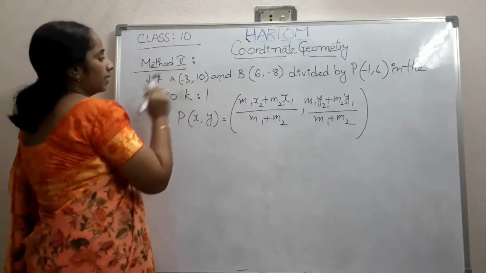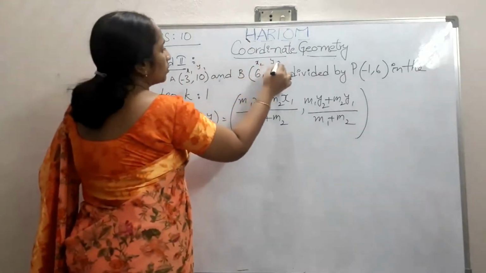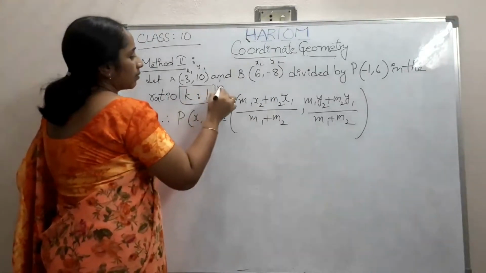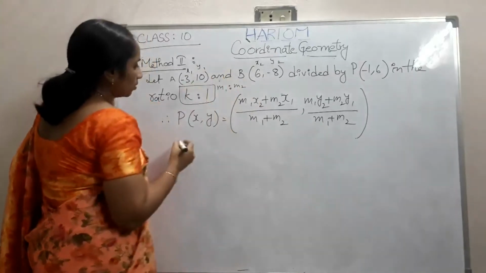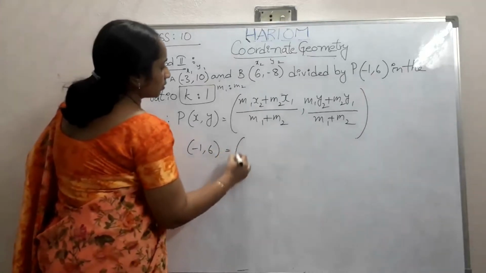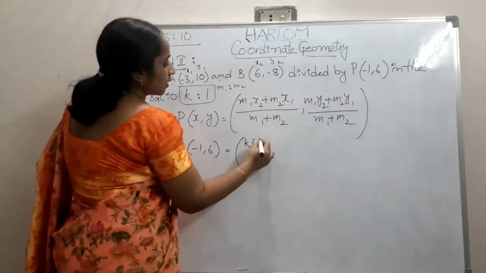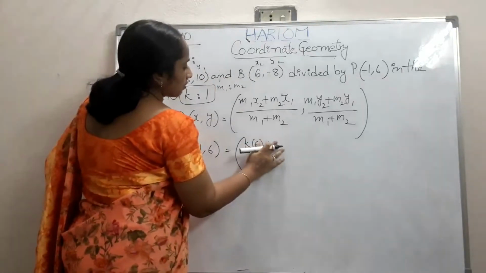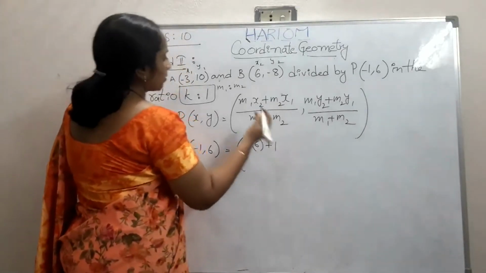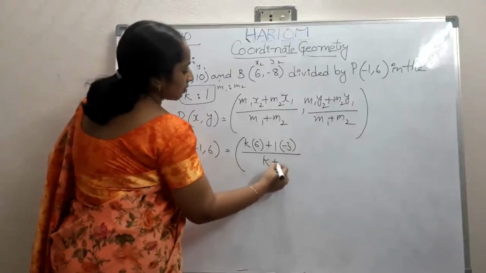Now already you know that it is x1, y1, x2, y2. Now k is to 1 means it is m1 is to m2. So P of (x, y) is (-1, 6), equal to m1, that is k, into x2, 6, plus m2, which is 1, into x1, which is -3, by k plus 1.